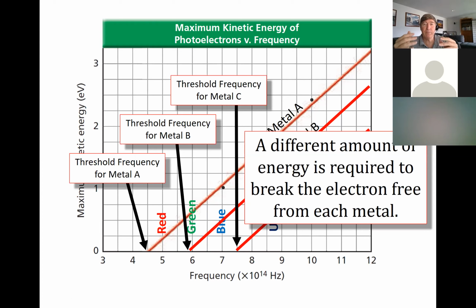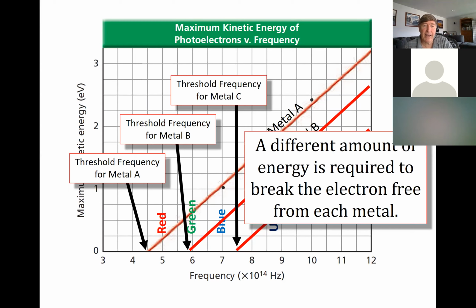You know from your chemistry class about something called the electron cloud. Inside metals, electrons are not very tightly held, and they can roam around at will inside the metal. So we say that all of the metal atoms share the electrons in what's called an electron cloud. If we want to kick the electrons out of the metal, it takes some energy to break them free.